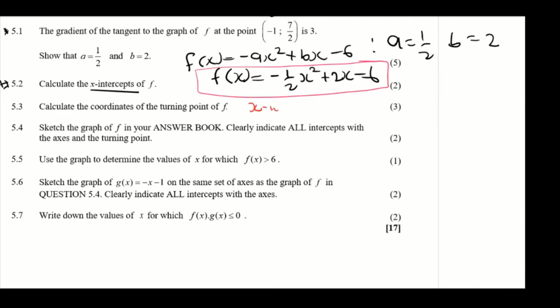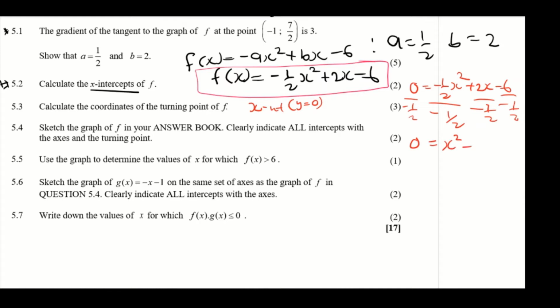The x-intercept is where y equals 0. So it's going to be 0 equals minus 1 over 2 x squared plus 2x minus 6. You're going to divide by negative half throughout. Then you'll have 0 equals x squared minus 4x minus 12.